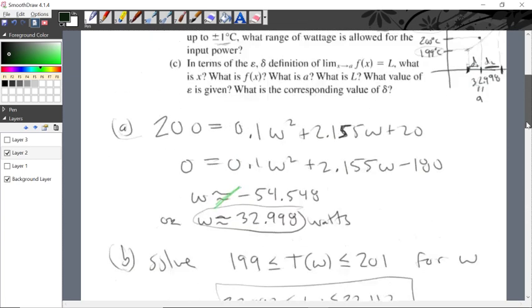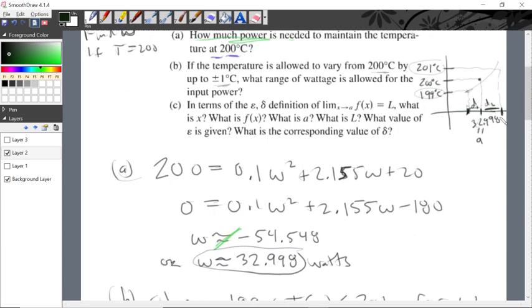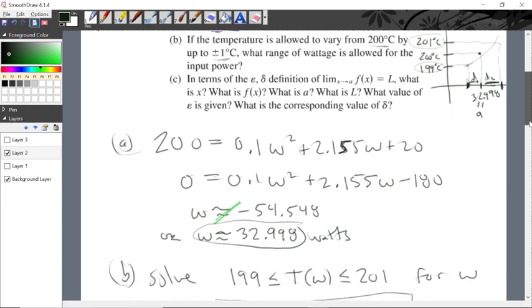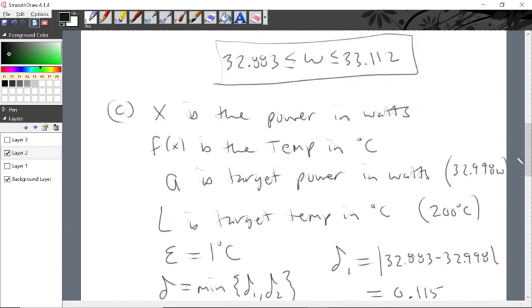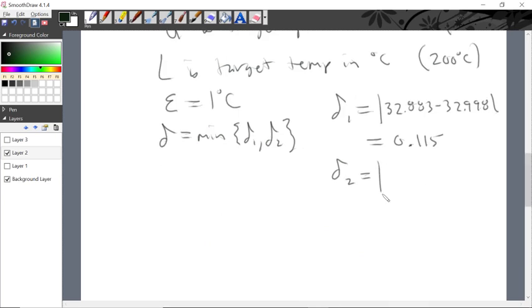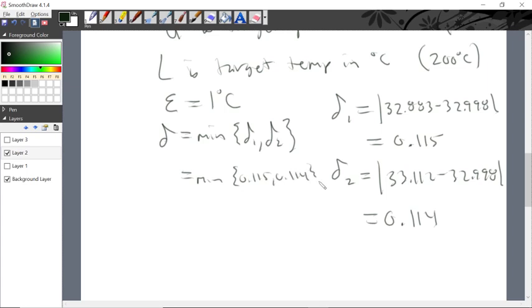What is delta 2? Delta 2 is the distance from A to the right boundary. So it's the magnitude of 33.112 minus 32.998, and that's going to be 0.114. So delta is going to be the minimum of 0.115 and 0.114.